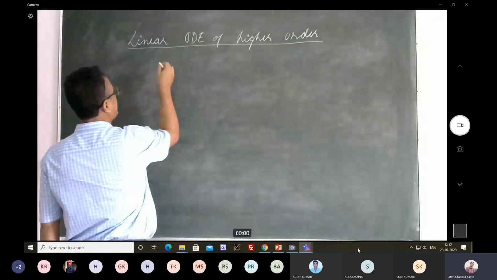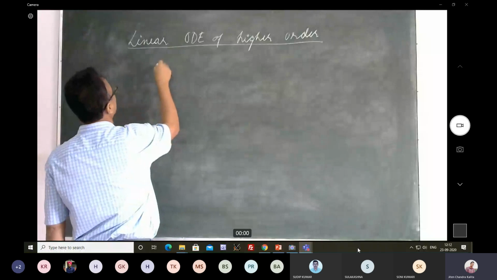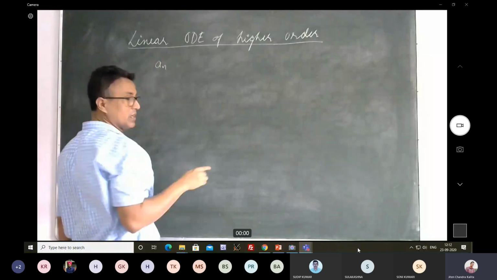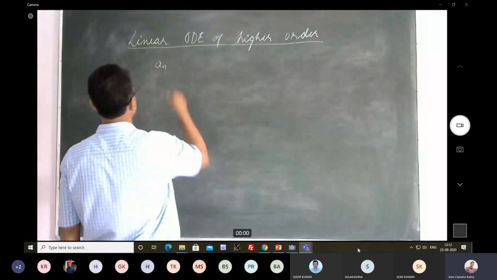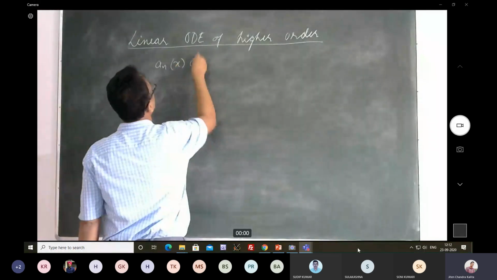the nth order ODE. Of course, here y is the dependent variable and x is the independent variable.